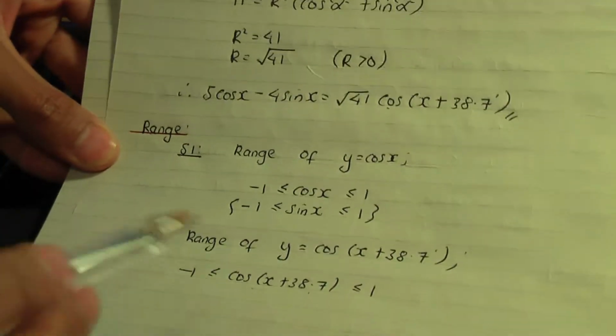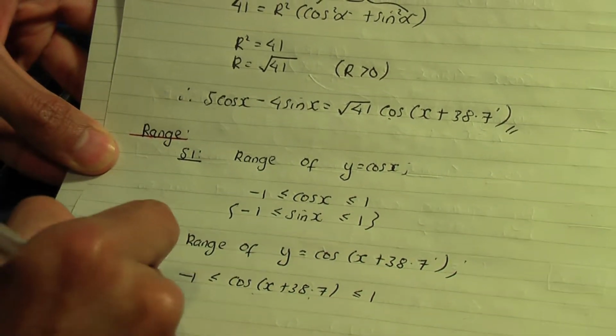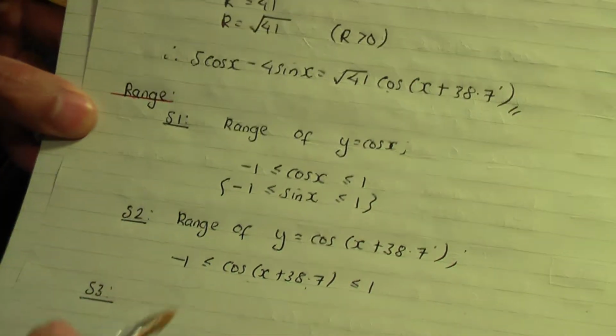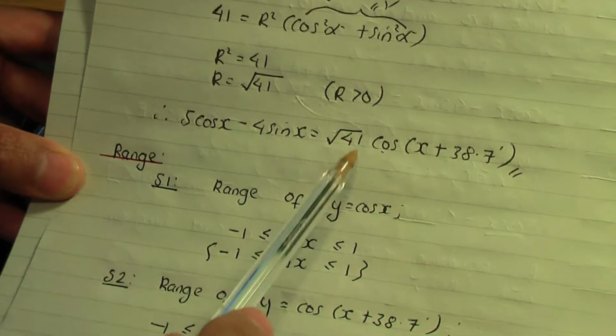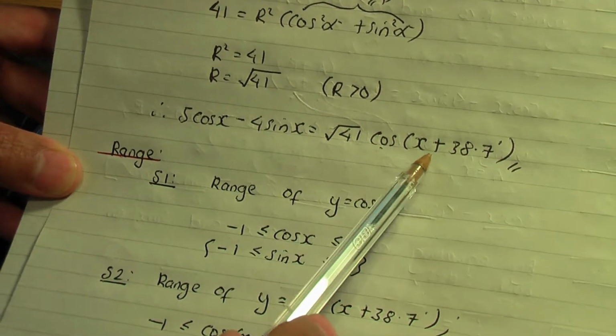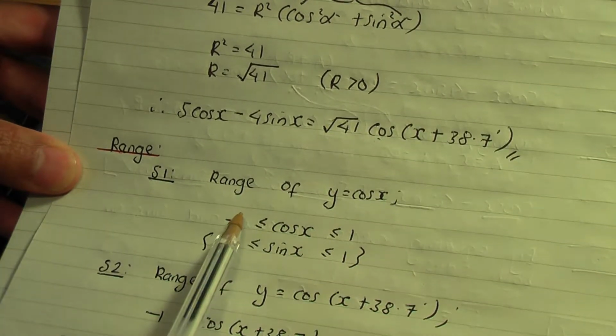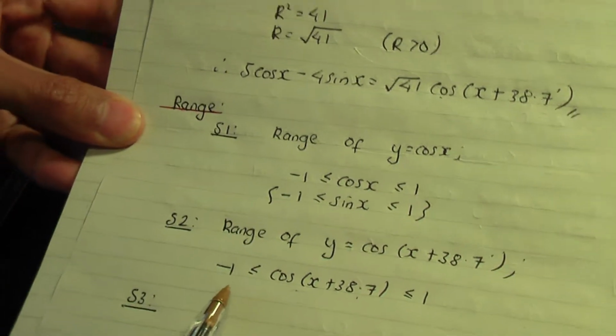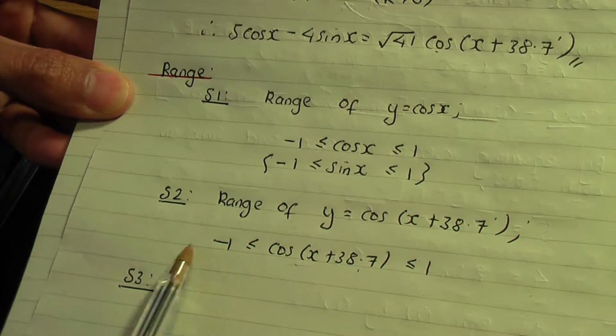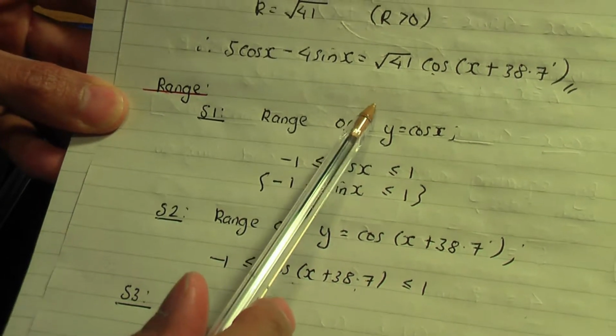Finally, in step number 3, to find the range of y equals root 41 cos(x plus 38.7 degrees), all you need to do is multiply throughout by root 41.